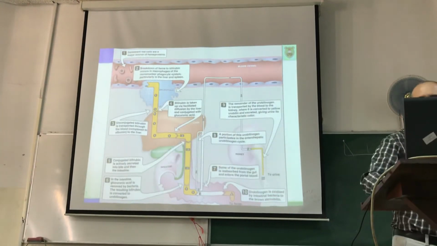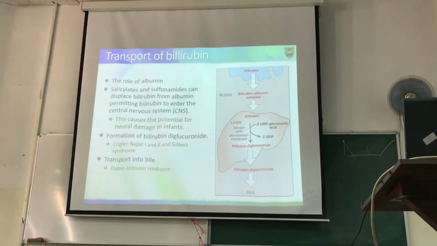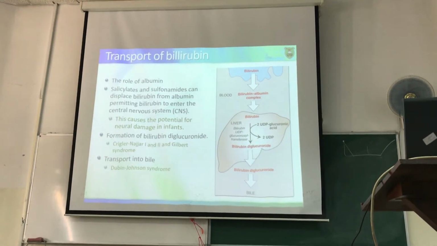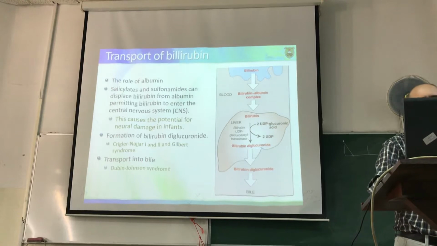Okay, something else is that if you have a defective enzyme, that can cause certain conditions like Crigler-Najjar and Gilbert syndrome. Now, if there is a problem with the transport of the conjugated bilirubin into the bile, that would cause a condition known as Dubin-Johnson syndrome. So these names are, I think, important. You should know these names.